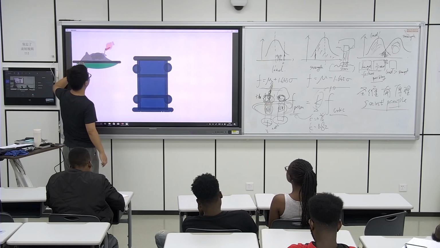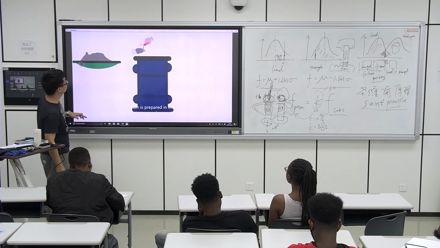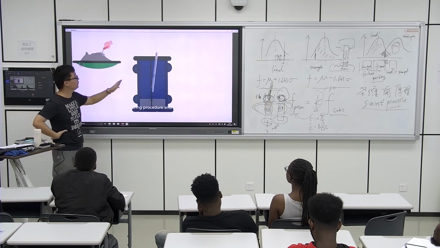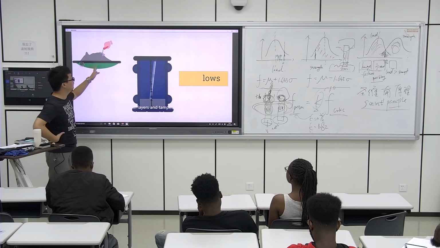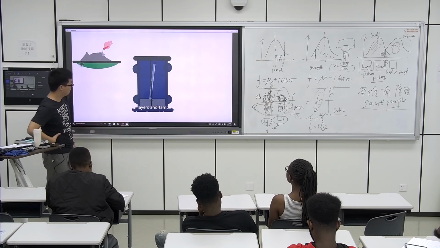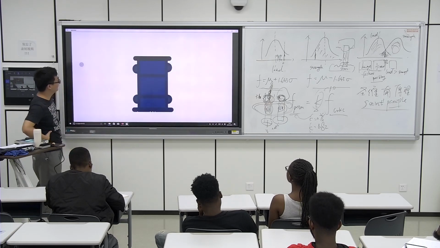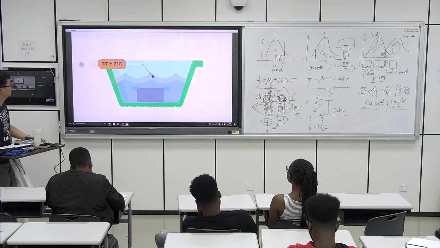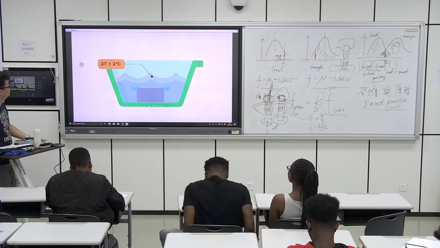The specimen is prepared in the standard manufacturing procedure and placed in the mold in layers and tamped using 25 blows for each layer. After a day, the mold is removed and the specimen is placed in the curing tank at a temperature of 27 plus or minus 2 degrees Celsius.